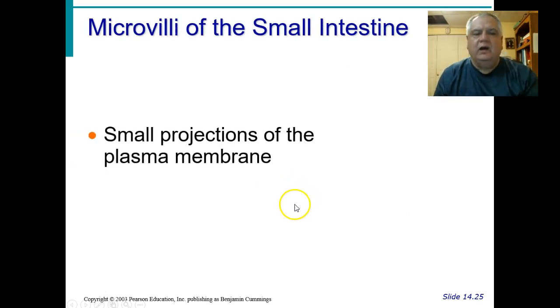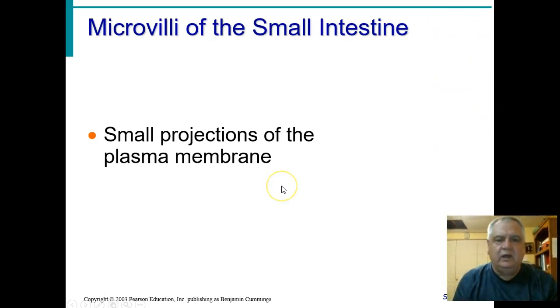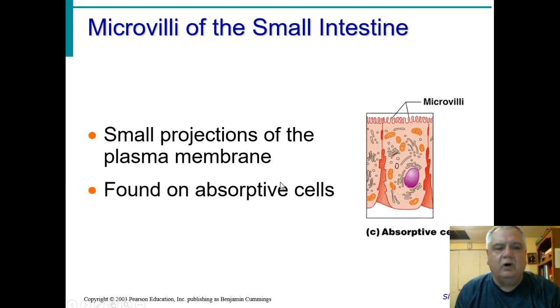In addition to those villi, to increase the surface area for absorption even further, there are small projections in the plasma membrane of the columnar cells themselves. These small projections are referred to as microvilli.